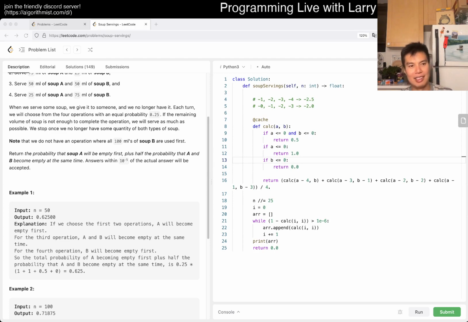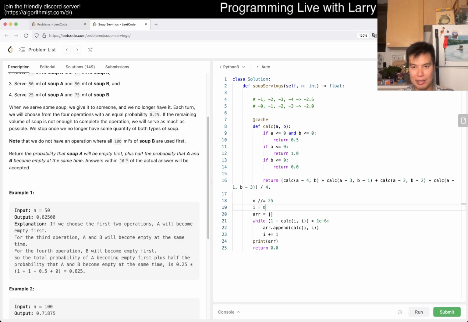Give me a second. You can't see it on the screen, but I'm just running it locally. What am I doing? s.servings, doesn't matter. Where's cache? From functools import cache. All right.